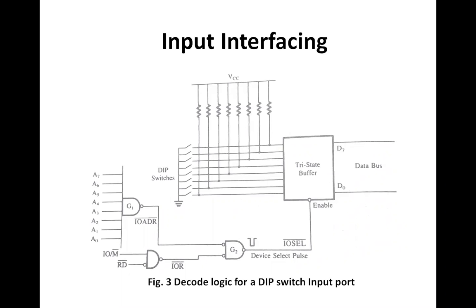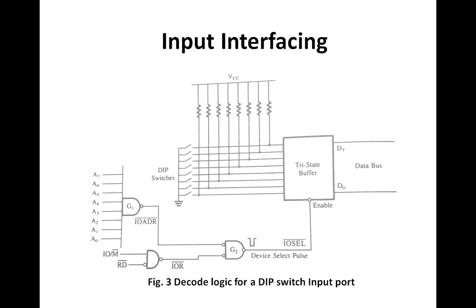So whenever the microprocessor executes the instruction, if the instruction is written for FF, the gate G2 will generate the device select pulse, which is used to enable this tri-state buffer, and data from the keyboard is put onto the data bus, and through the data bus it goes to the accumulator.